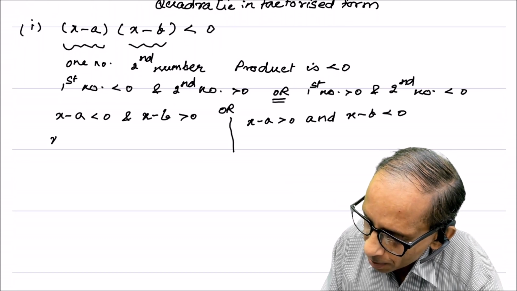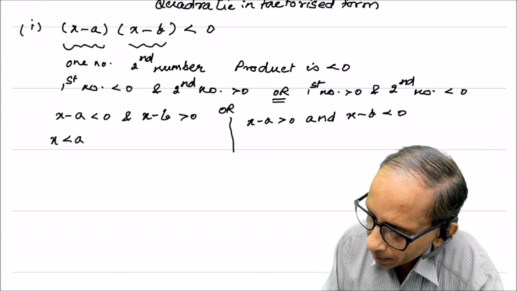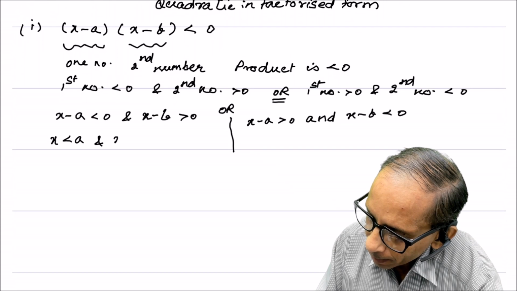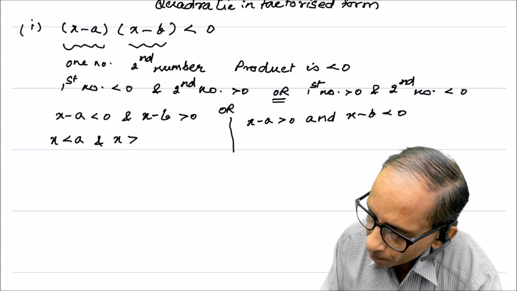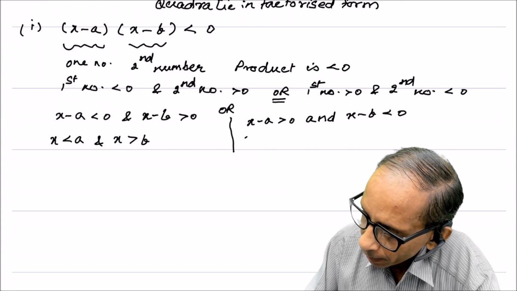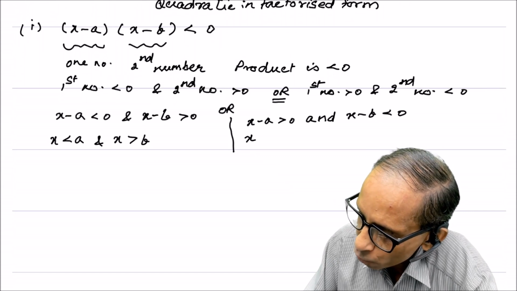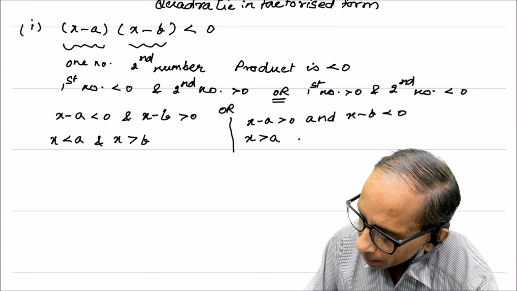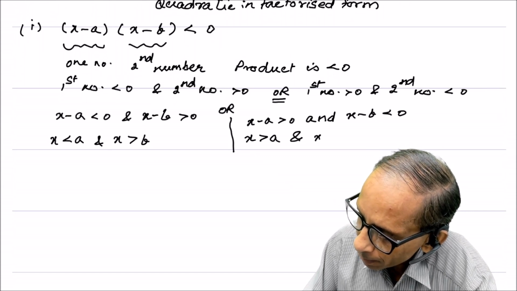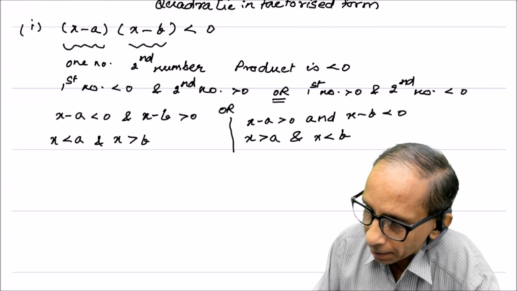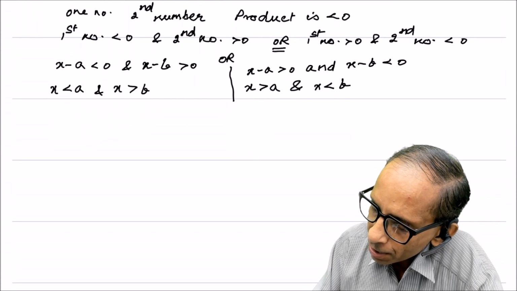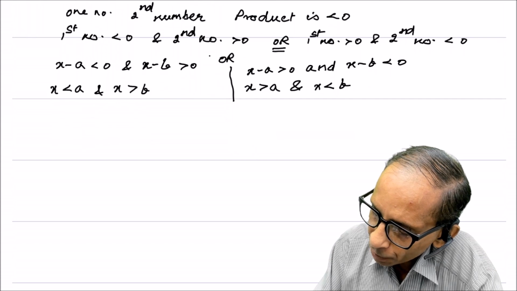The first one suggests that x should be less than a and at the same time x should be greater than b. And the second one says x should be greater than a and at the same time x should be less than b. We have to consider both the cases because of the term or.